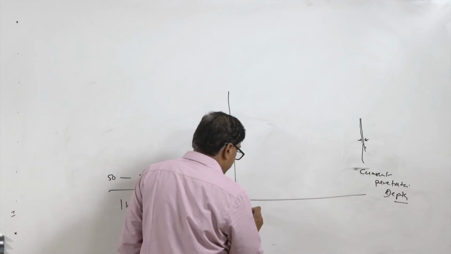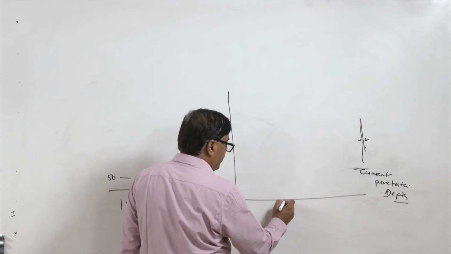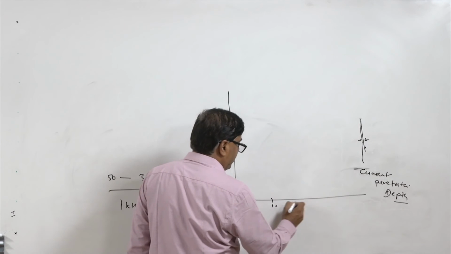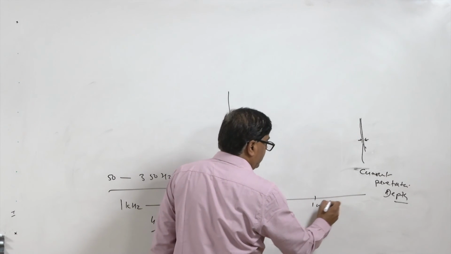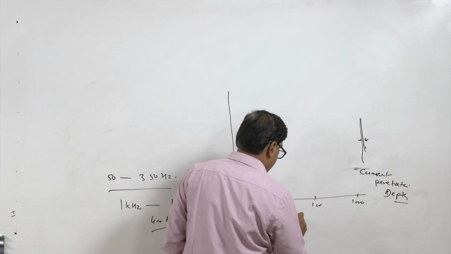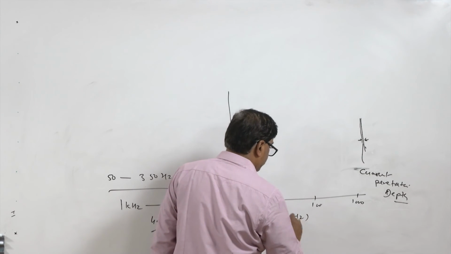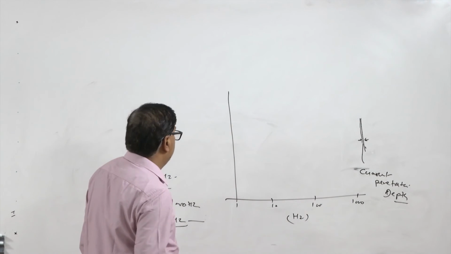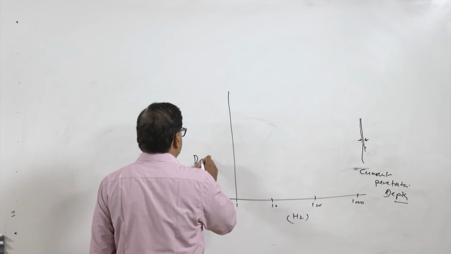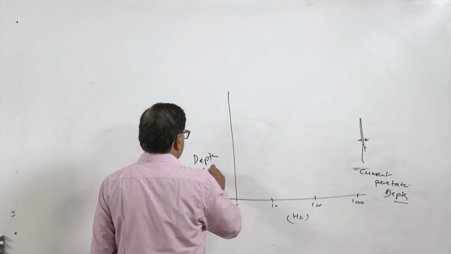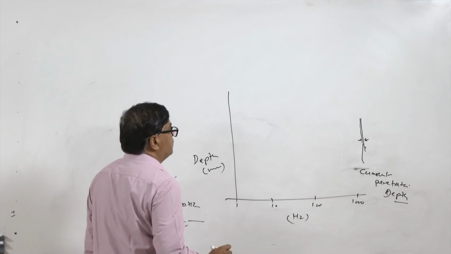So, if we see the frequency here, like say 10, 100 and 1000, it is the frequency of the current which is being fed, and on this side you are getting the depth in mm by which current is able to penetrate.